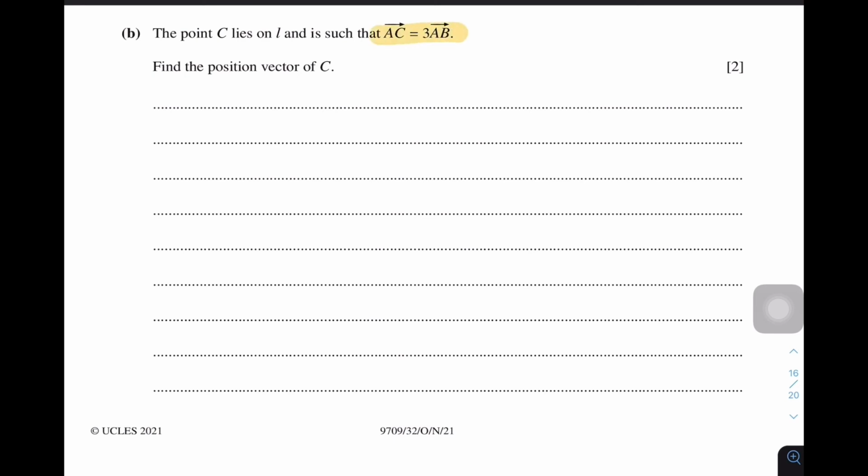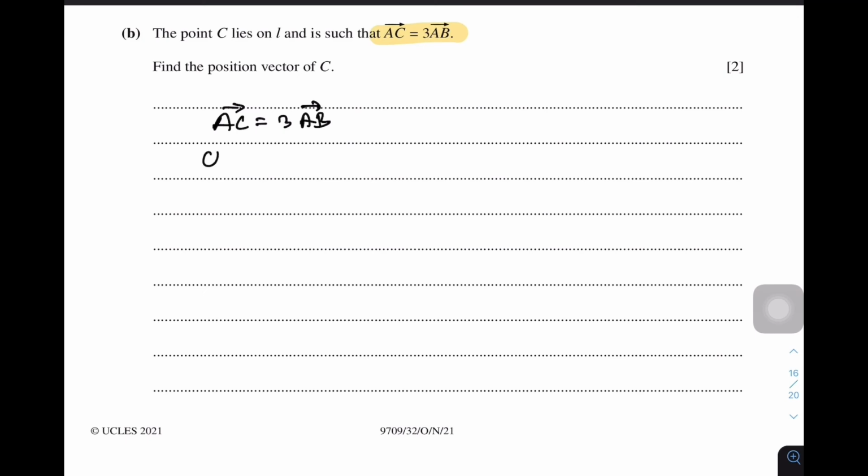AC equals 3AB. Find the position vector of C. We have already got AB in the previous part.